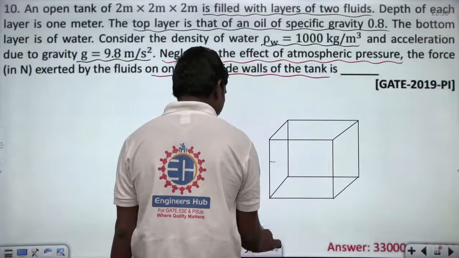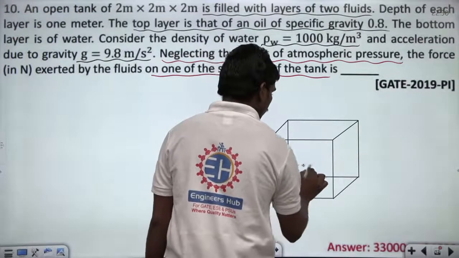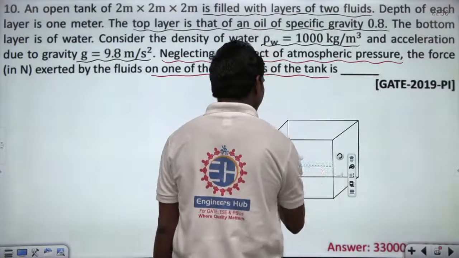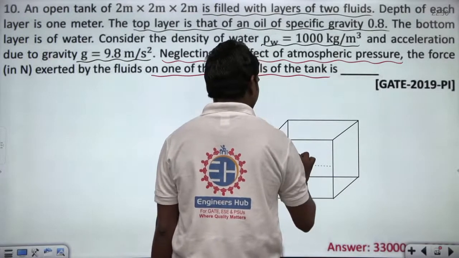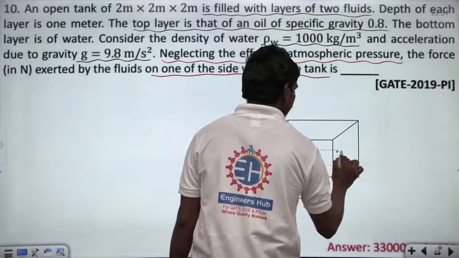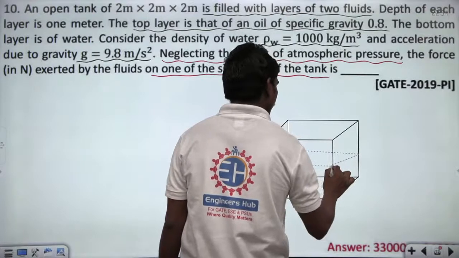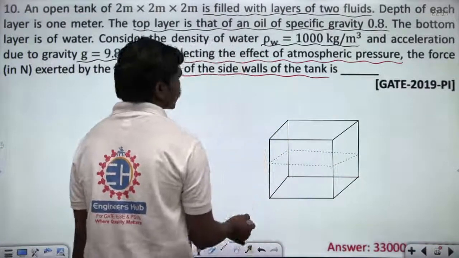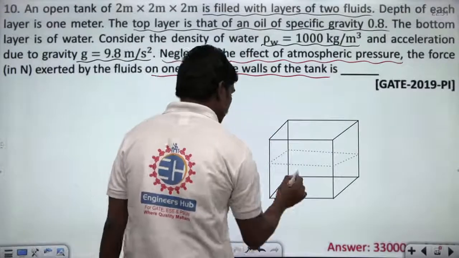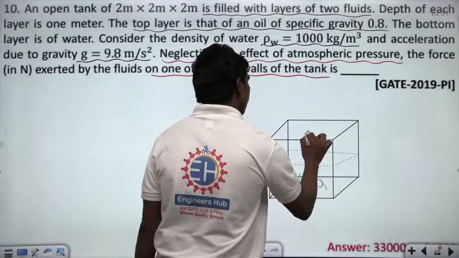If this is the mid height of the plane, below this plane there is some water, and above this plane there is some oil. Here we have water, and here we have oil on the top.